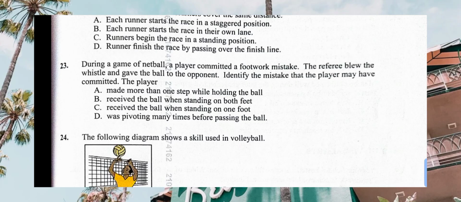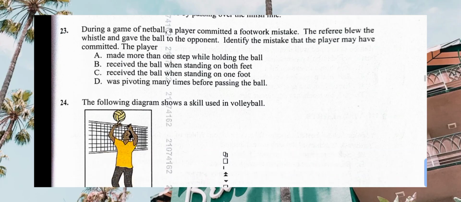I believe it is receive the ball when standing on one foot. That is landing, already landing, then made more than one step. How many steps are guaranteed there? There are supposed to be several, but it is close to that one. You do research on that one.